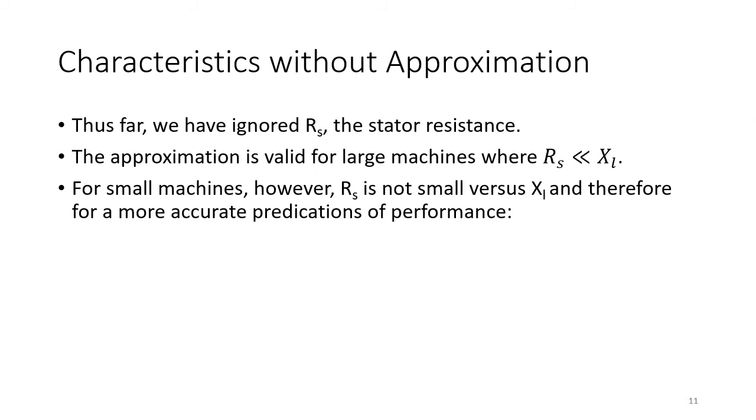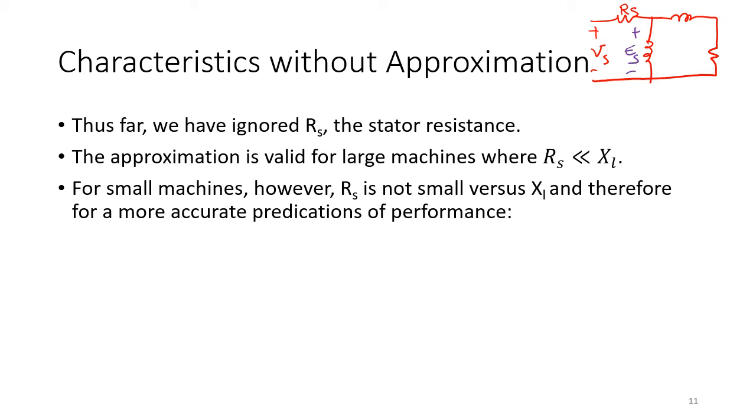But enough of that. Let's go to the final discussion of this part of the work, and it's about the more accurate model. When we use the simplified gamma model with RS, XM, XL, RS, here we have VS, we have RS, and here we have ES.